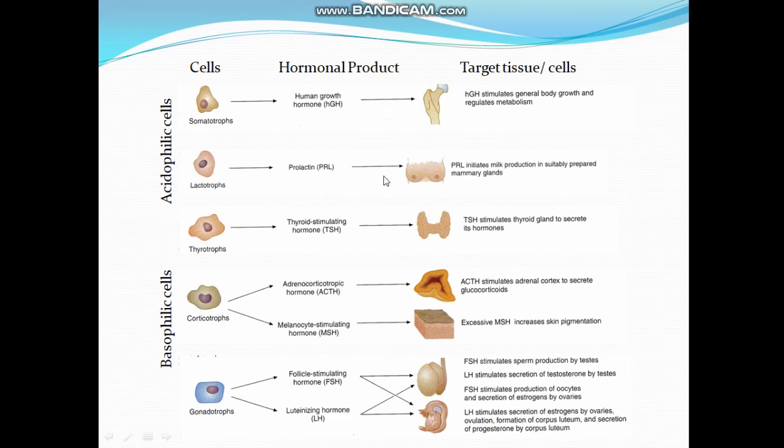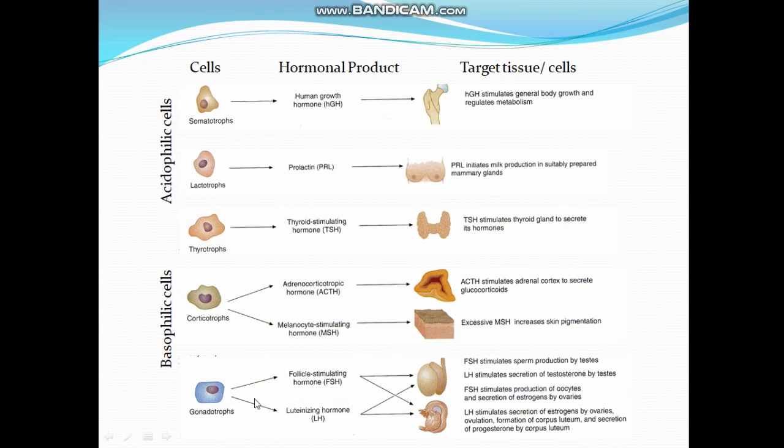As I discussed in the previous slide, the acidophilic cells like somatotrophs and lactotrophs secrete their hormones. Somatotrophs secrete human growth hormone and act on target cells like bone and cartilage. Lactotrophs secrete prolactin that acts on target tissue like the mammary gland. Among basophil cells, thyrotrophs secrete TSH that acts on the thyroid gland.